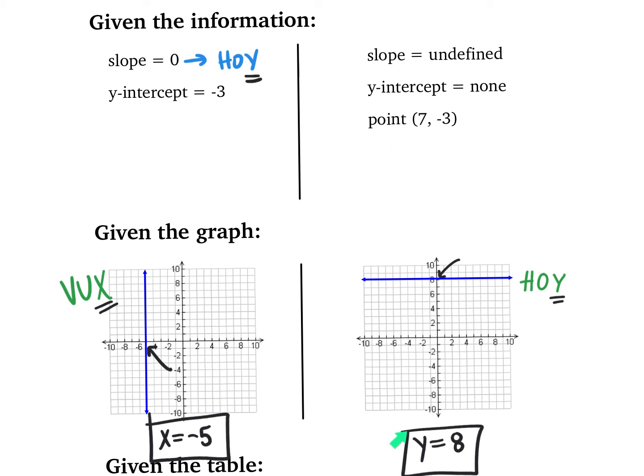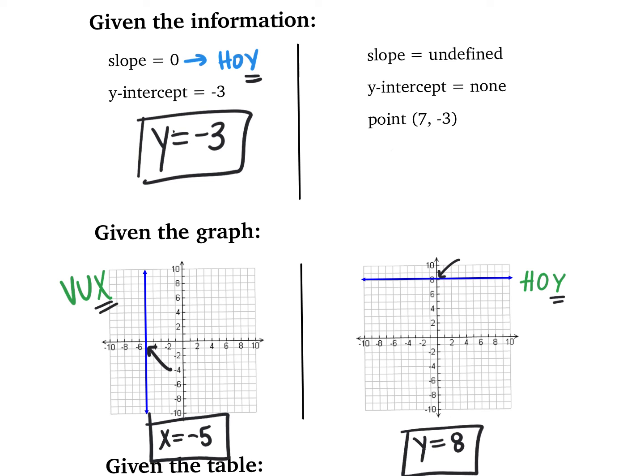And if you notice in my equation of y equals 8, that y-intercept is also the same y value that's staying consistent throughout. So for situations like these where I know the slope is 0 and I have the y-intercept, that y-intercept is going to be the same as the y value in the equation. So this would be the equation y equals -3.